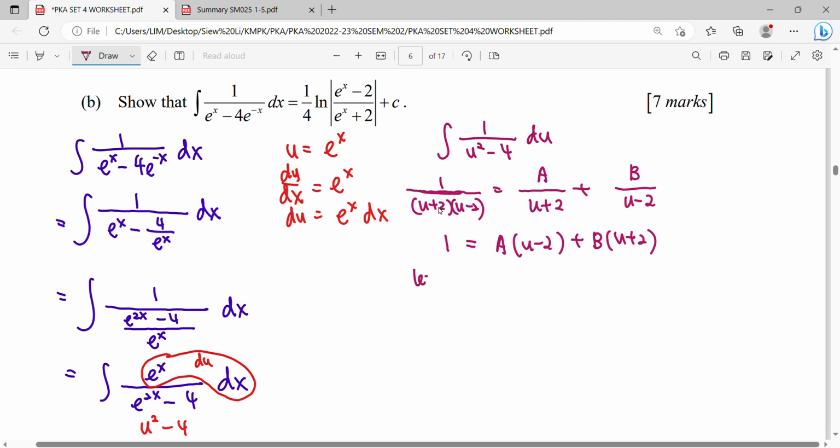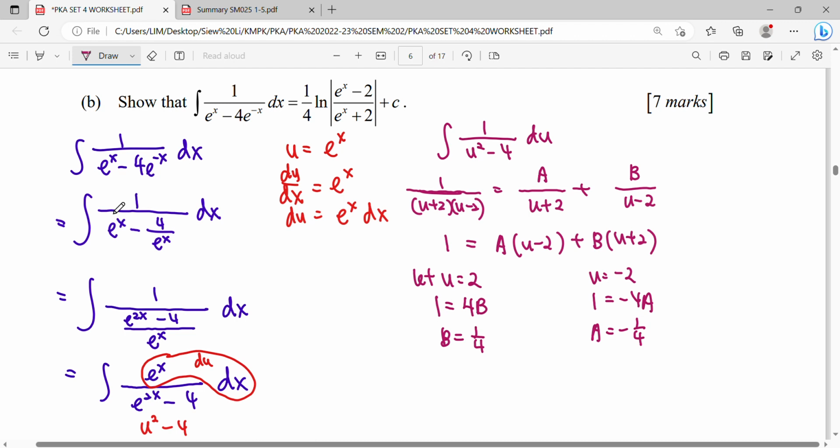How do we find them? We just let u equal 2 and u equal negative 2, taking the values from our factors, nice values. So when you let u equal 2, A is zero and you get 4B. You can get B straight away. When u is negative 2, you get negative 4A and you eliminate B, so you can get A straight away, negative 1 over 4.